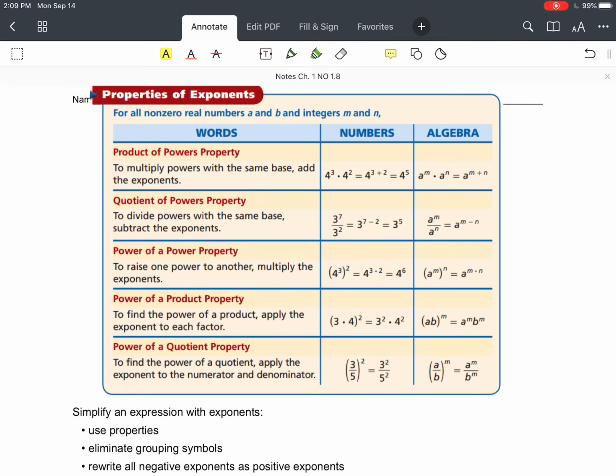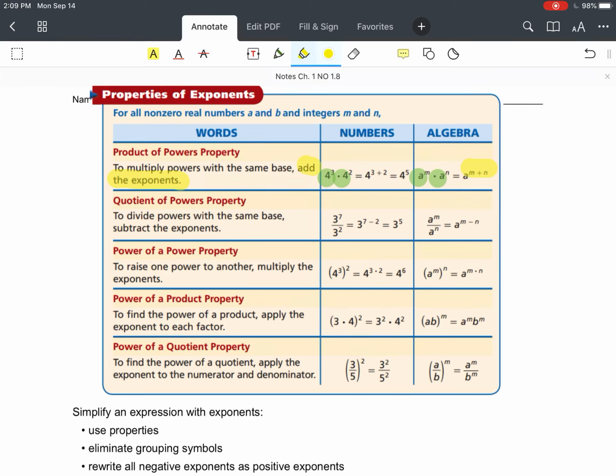The product of powers property says when you multiply two numbers together that have the same base, so notice we both have 4 here, or a and a, you're going to add the exponents. So 3 and 2, you're going to add them, or m and n, you're going to add them. So when you're multiplying bases that are the same, you add the exponents.